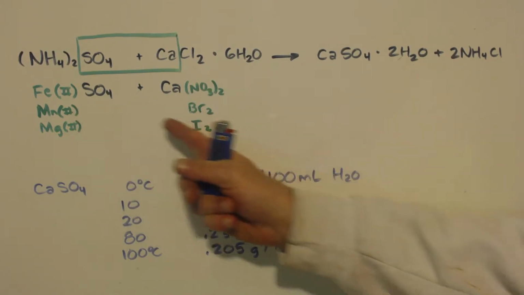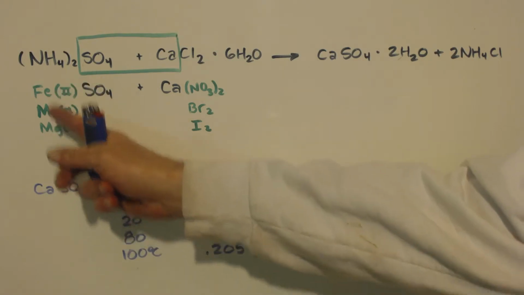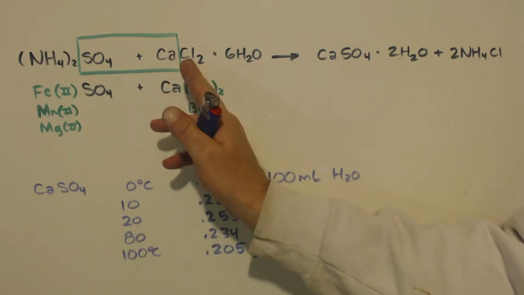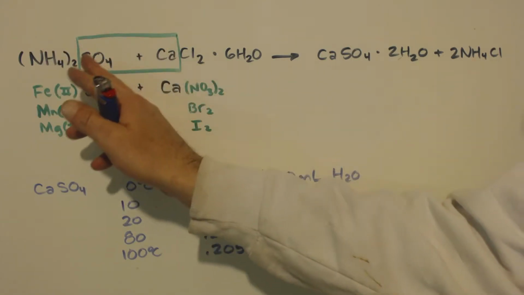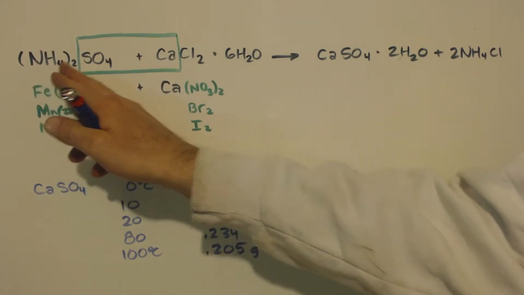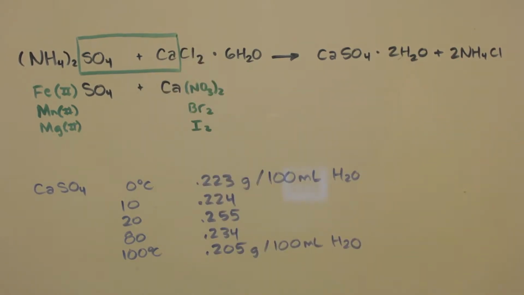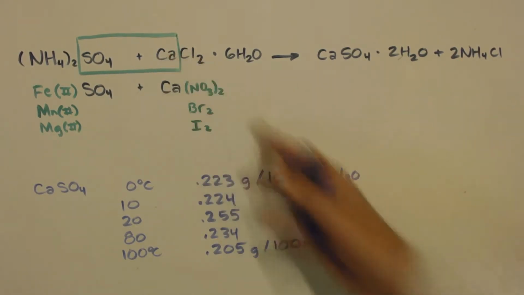Same here. These are my examples for here. Basically, whatever salt you want, you would have the cation coming from the sulfate, and your anion coming from your calcium salt.